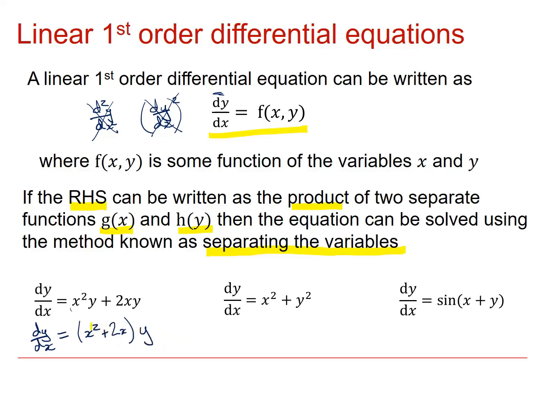And so I've got a function involving x only and a function involving y only, and they're multiplied together. So this one is in the correct format for separating the variables.